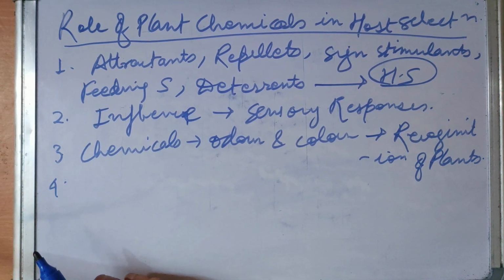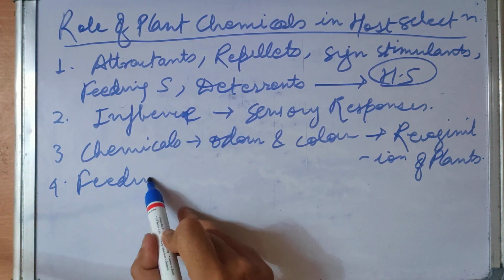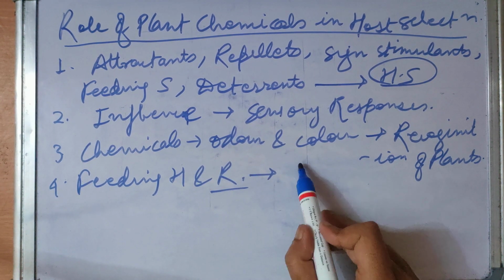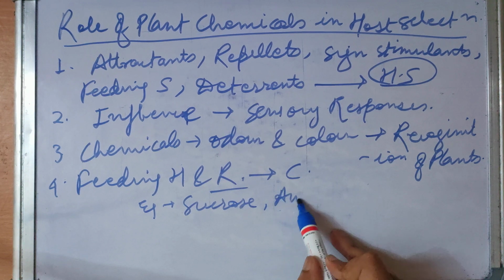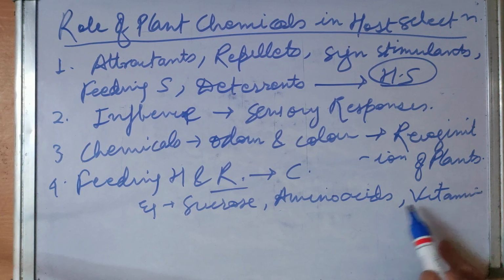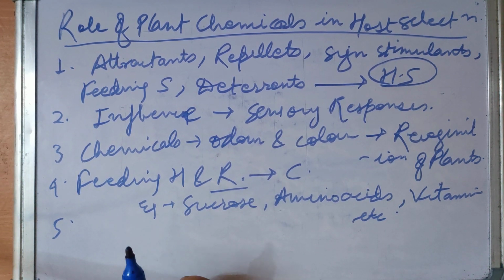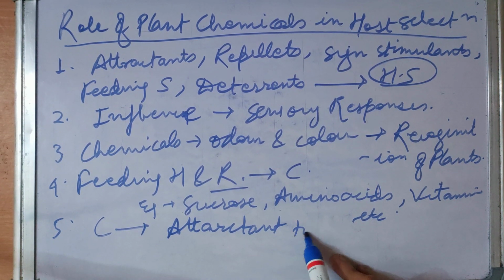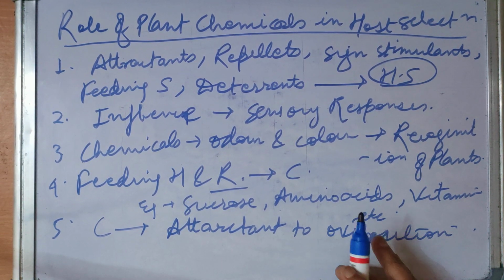Number 4, feeding habits and requirements are dependent on chemicals such as sucrose, amino acids, vitamins, etc. Some chemicals are attractants for oviposition, that is to lay eggs.